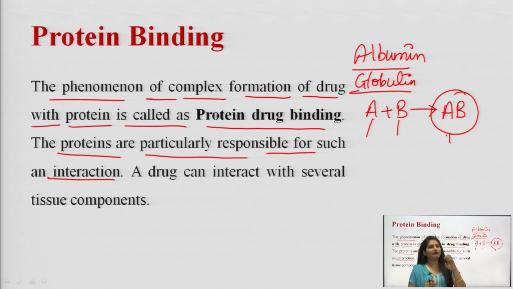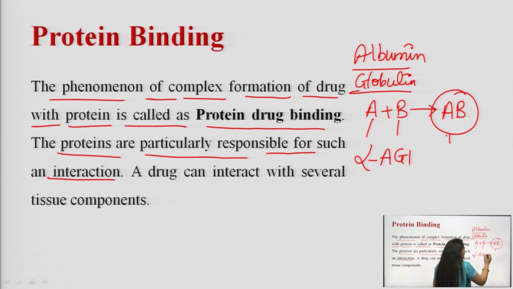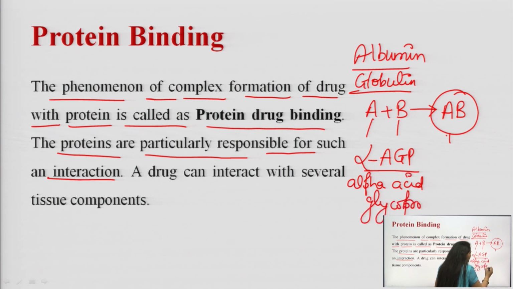The level of albumin in the blood is very high, so it can bind to a wide variety of drugs, but the level of globulin is less as compared to albumin. Another macromolecule is alpha acid glycoprotein, AGP.